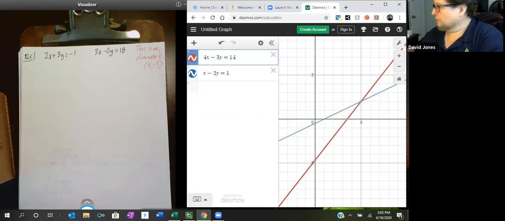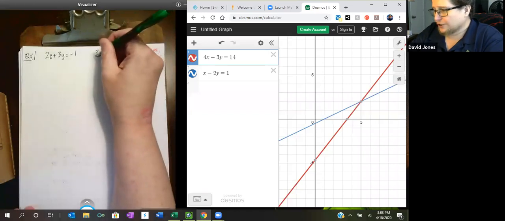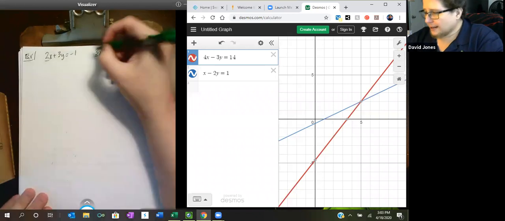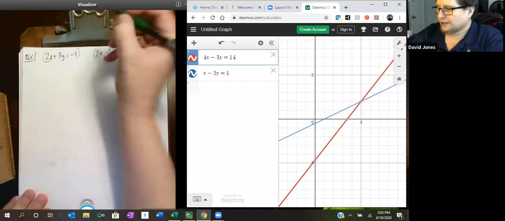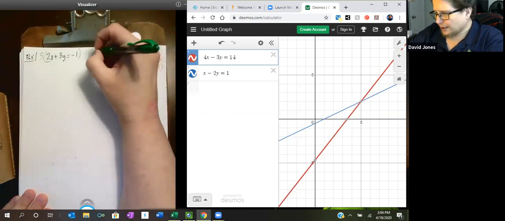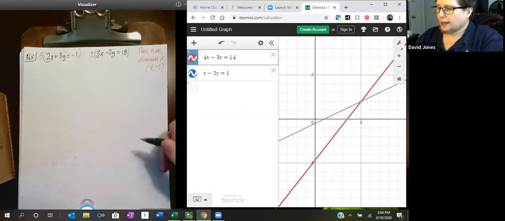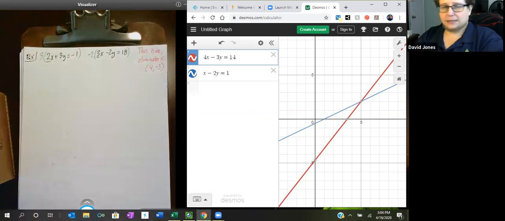All right, let's go through and solve this for x first. So I'm going to look at the coefficients on those letters, 2 and 3. I'm going to multiply the other equation by them. So I'm going to multiply the 2 by a 3, and I'm going to multiply this one over here by the coefficient over here, 2. But since they're both positive, I'm going to introduce a negative sign on one of them. It doesn't matter which one you introduce the negative on.